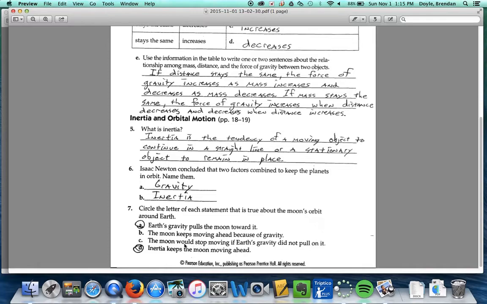Which is basically that if you throw a football through the air, the inertia keeps it moving ahead, but gravity pulls it downward. And that's why the ball travels in an arc. And if you take that arc that a football travels and pretend that the moon is a giant football that somebody threw, that's why the moon is orbiting the Earth.